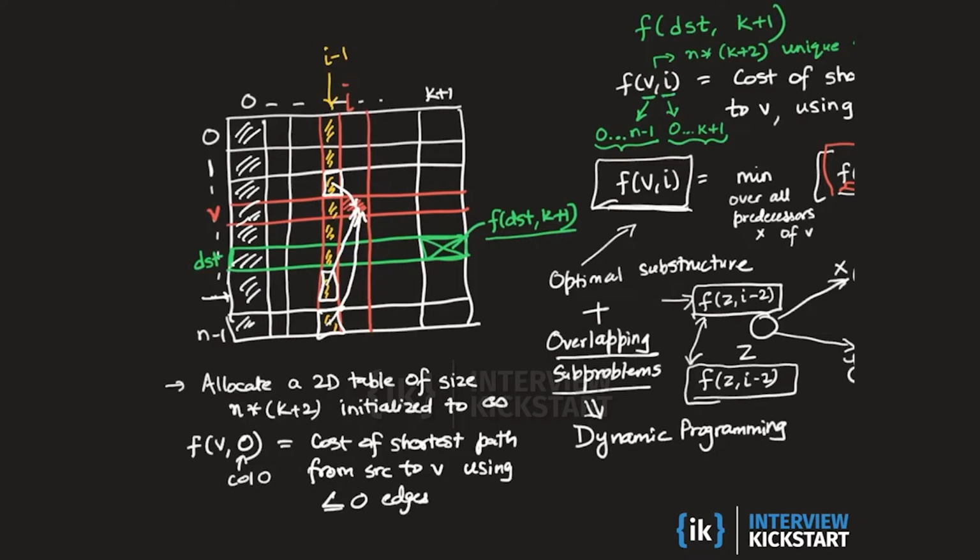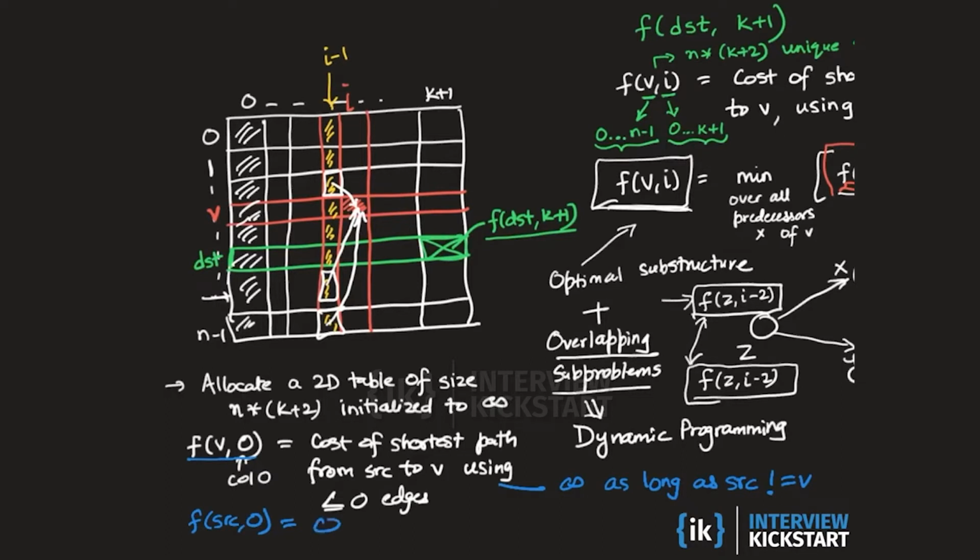Now how can there be any path that uses less than or equal to 0 edges? There obviously cannot be any path from the source to v that uses less than or equal to 0 edges. So basically the leftmost column is going to be filled with infinity values. So this is in general going to be infinity as long as the source and v are not the same. But if we ask this question for f of source comma 0, what is the cost of the shortest path from the source to the source which uses less than or equal to 0 edges?